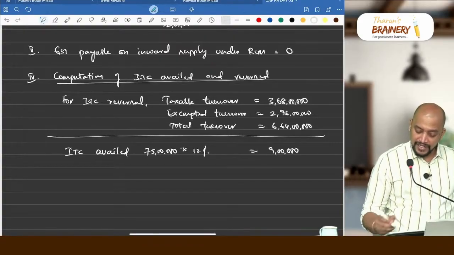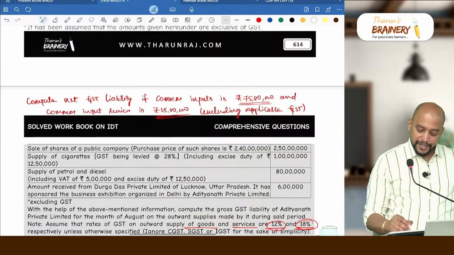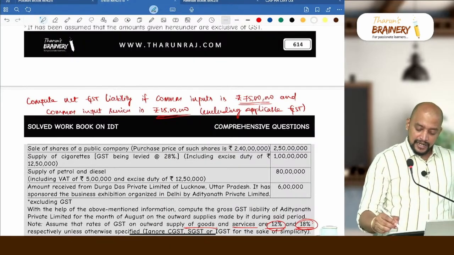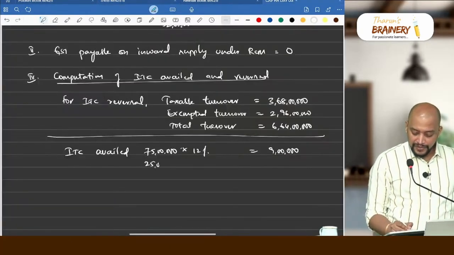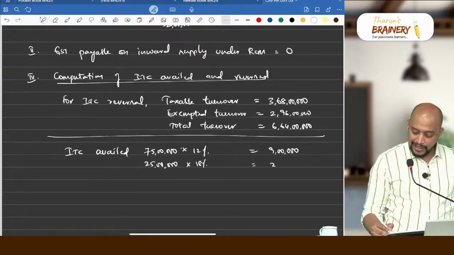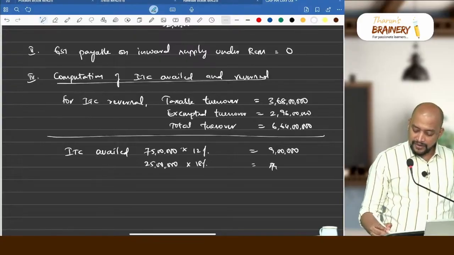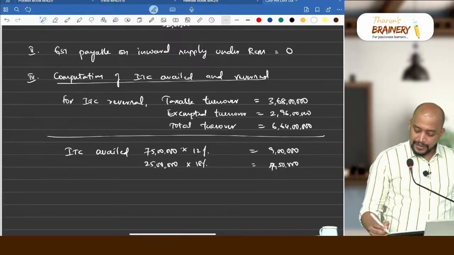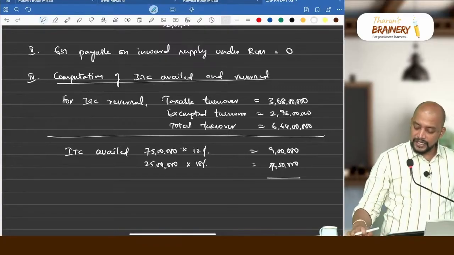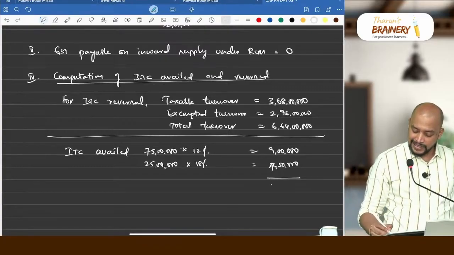Then input services: 25 lakhs into 18% will be 4 lakh 50,000. So ITC availed is 9 lakhs plus 4 lakh 50,000, that is 13 lakh 50,000.